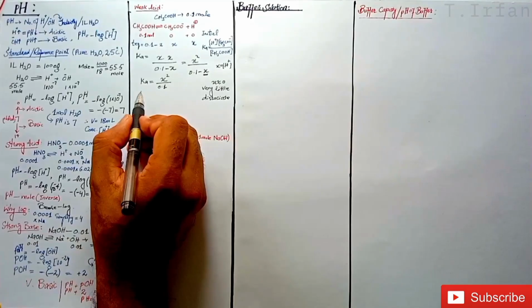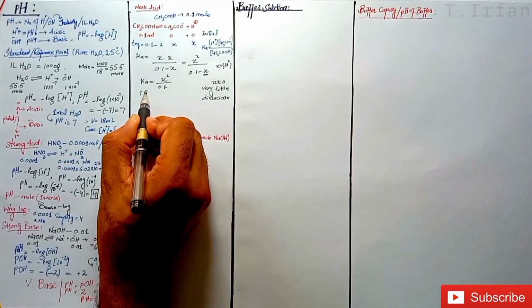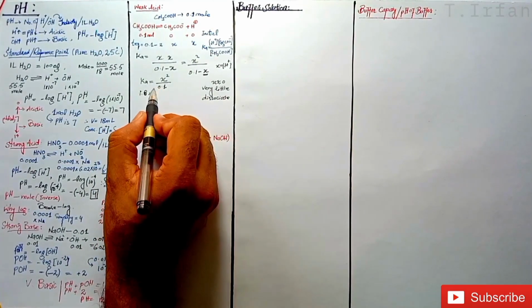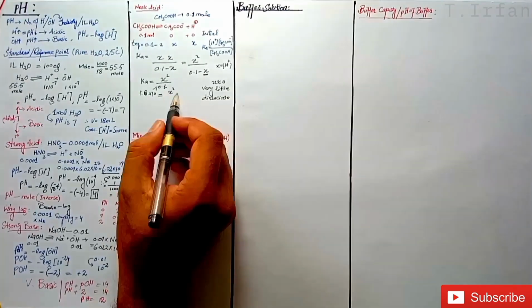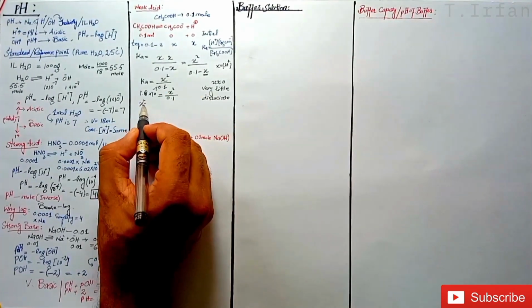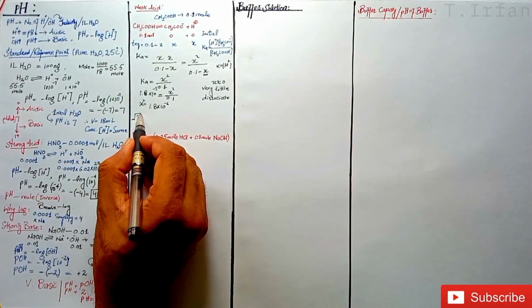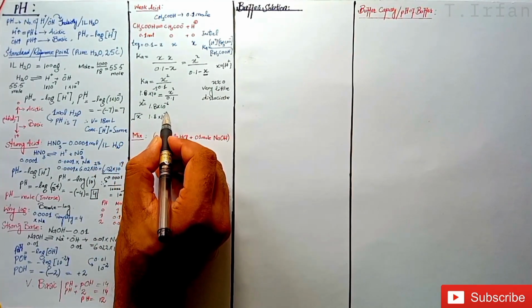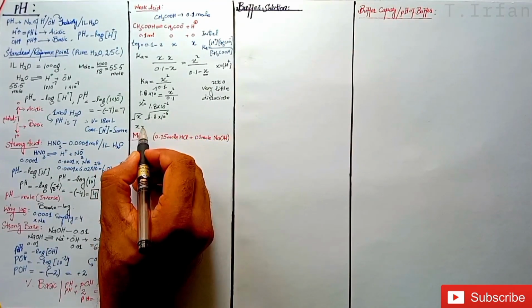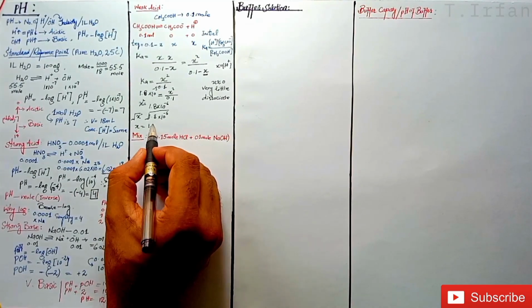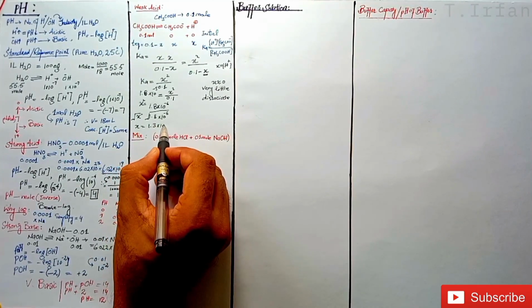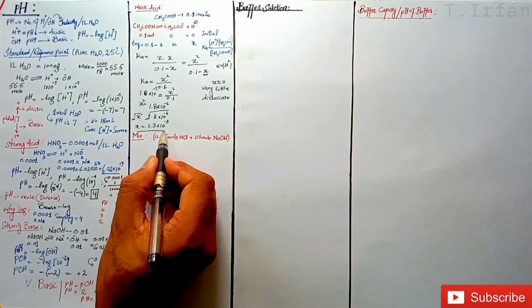Now by putting the value of the acid constant, we can find out the value of X, which is the number of moles of hydrogen ions. By simply solving, we can find out the value of X, which comes out 1.3 × 10^-3.